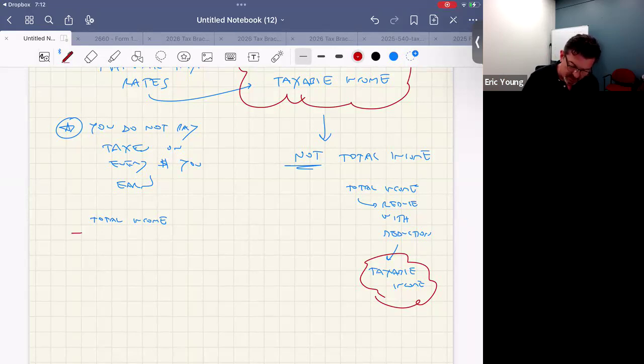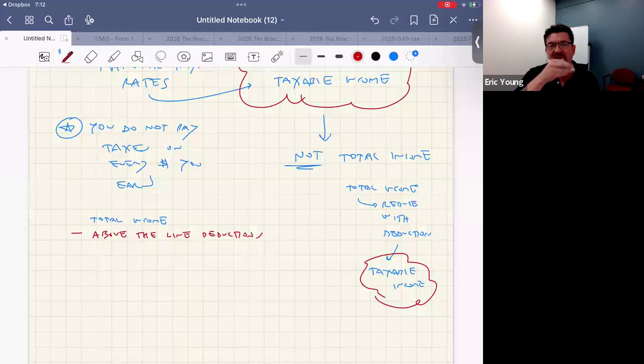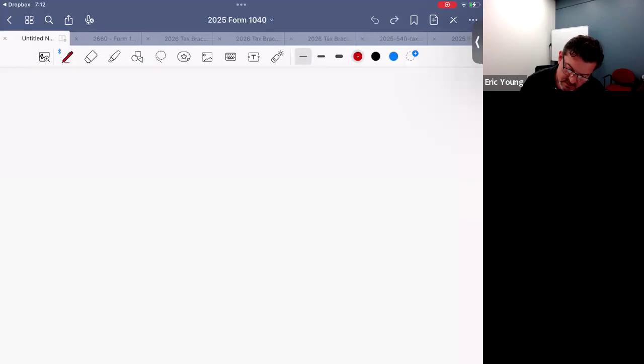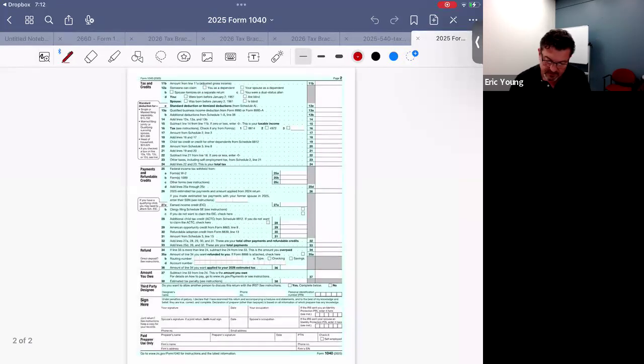We then subtract what we're going to call above the line deductions. Total income minus above the line deductions. Look here. Where's our tax return at? Here it is.